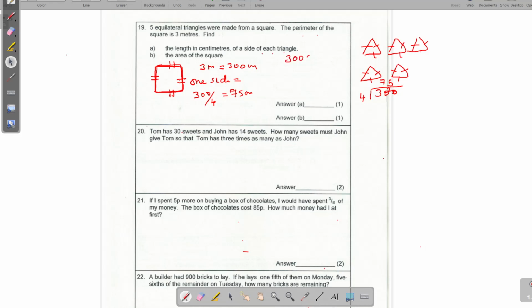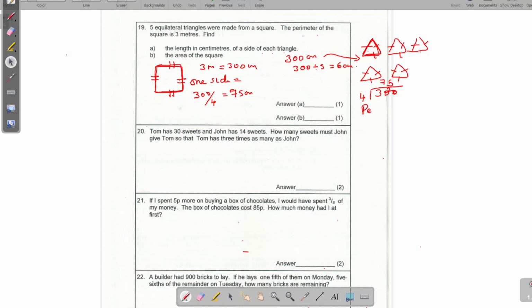We are using this 300 centimeters to make 5 triangles. So each triangle would be 300 divided by 5, which is 60 centimeters. So each one is 60 centimeters.